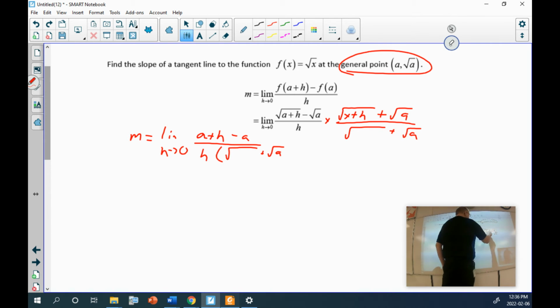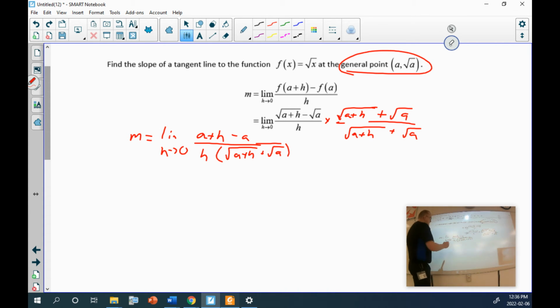And I need to not write x plus h. I need to write a plus h. I have a habit of doing that because I know where we're going. Our a's are going to subtract to give you 0. That leaves h on the top.